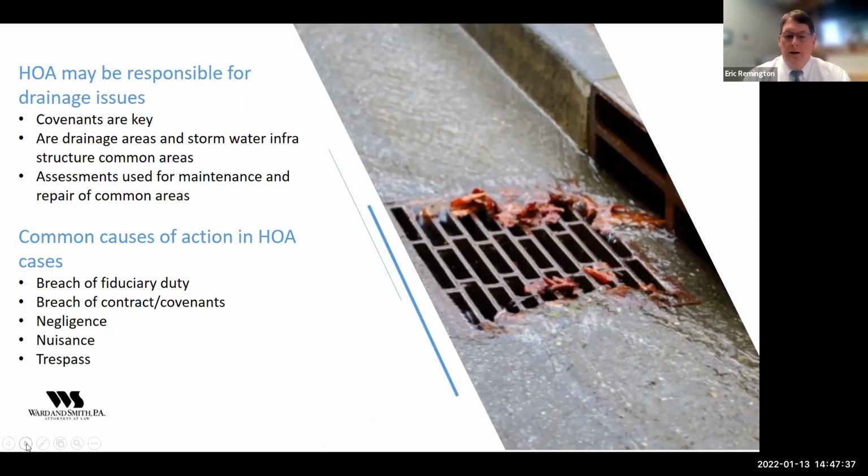And so when lot owners came complaining about drainage issues, the HOA would go to the golf course owner and say, you need to fix this. So the covenants are key, and the transfer of real property and common areas to the HOA is important to determine whether the HOA is going to be responsible for that.